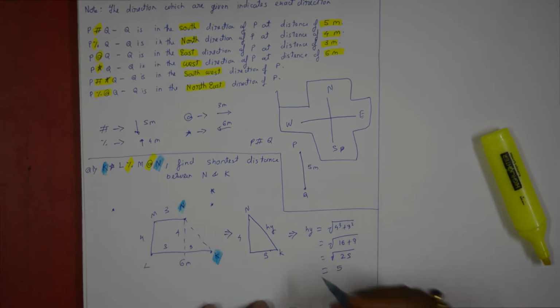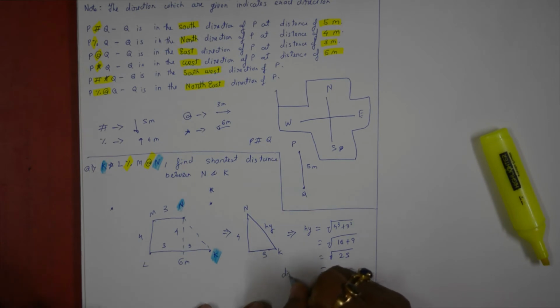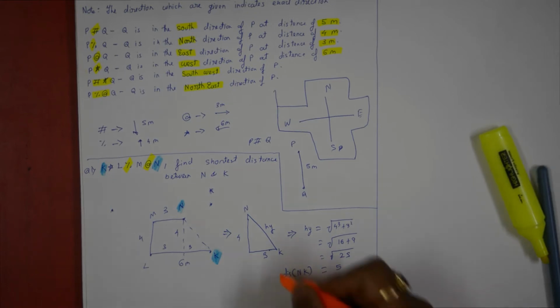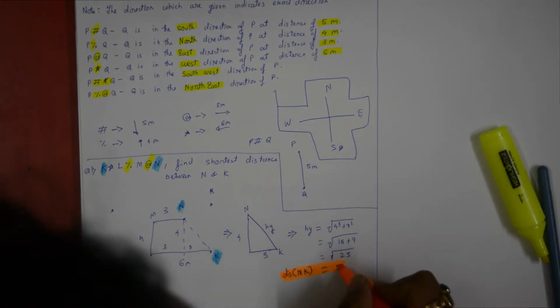And this is the distance NK. So this is how we find the distance.